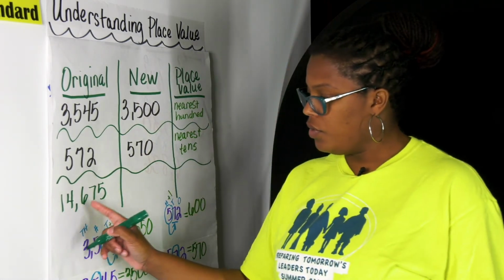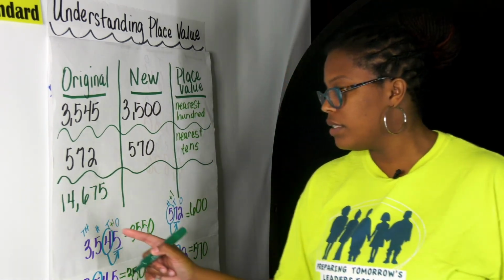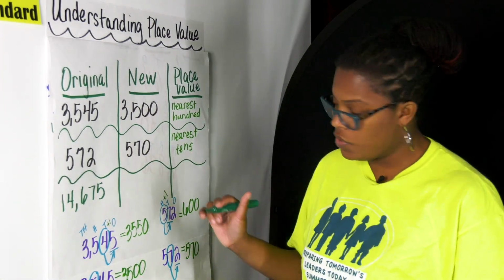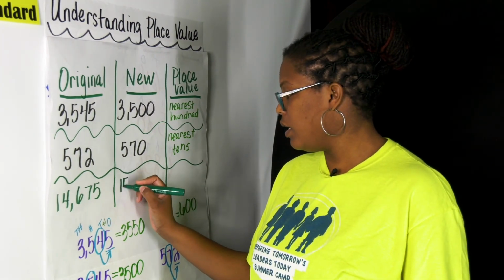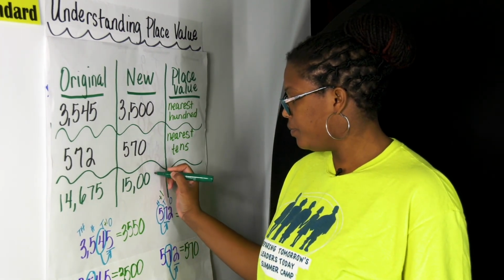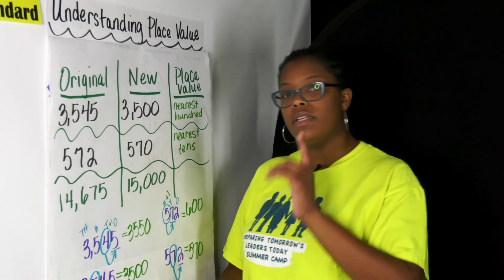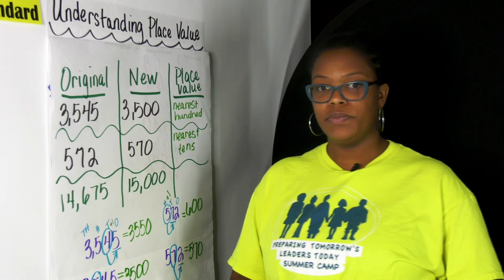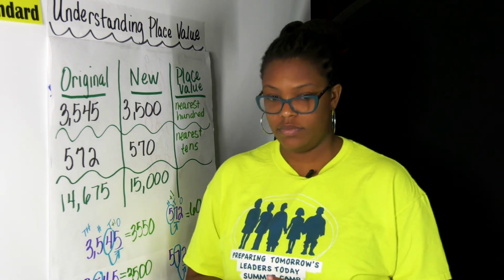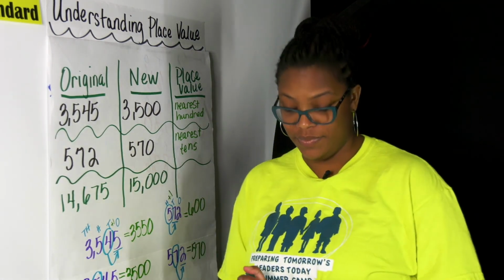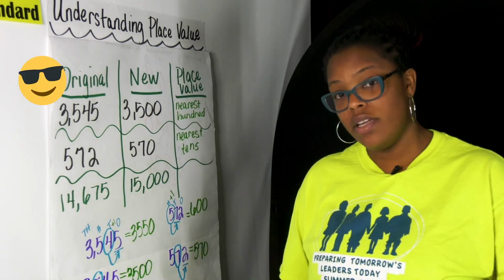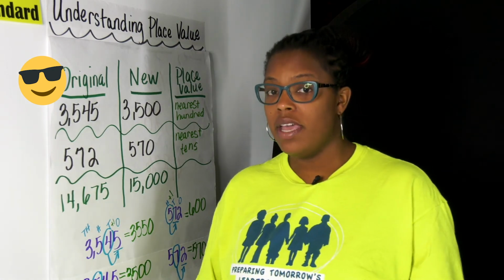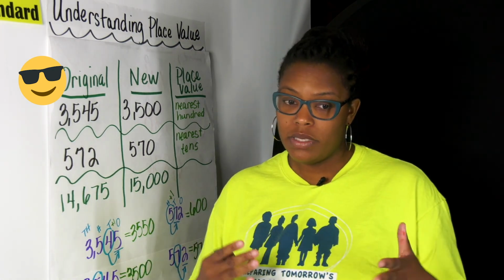And when you round 14,675 to a specific place value, your new number you're going to get is 15,000. Now I want you to take time and do this problem by yourself. Don't forget our strategies, our wrap, and our rounding triangle. And remember, take your time and believe in yourself.